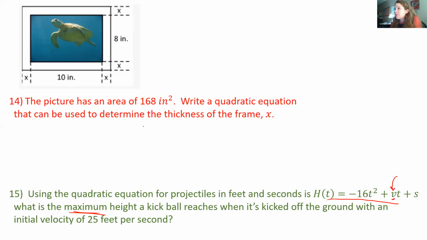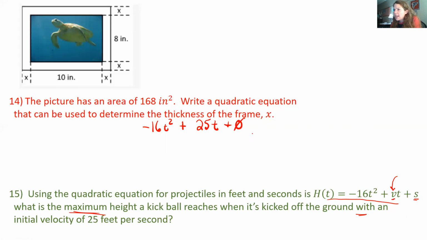So we're just using that formula, negative 16 times t squared plus, this time, 25 times t, and this is where it's kicked from, right? And this says it's kicked off the ground, so that's plus 0 right there.